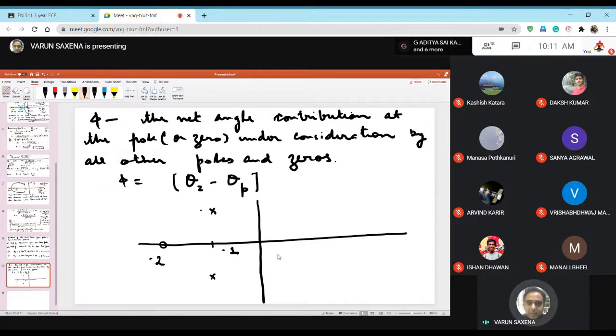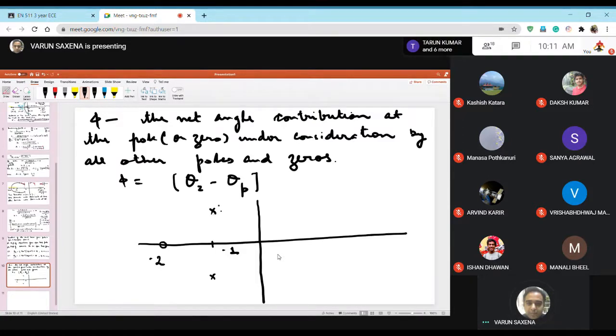So we are evaluating phi for this, and then once you evaluate the angle for one, the other is just going to be minus of that, so you don't really need to evaluate. So it's better to evaluate it for the one that lies on the positive imaginary part, that's much easier to evaluate now.